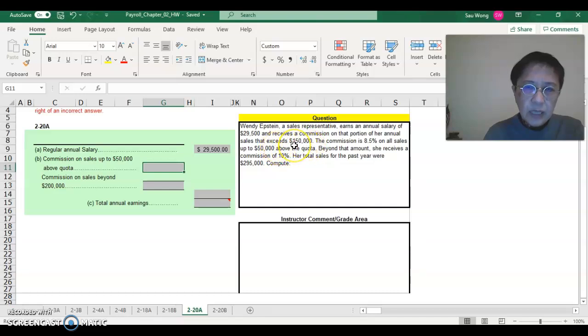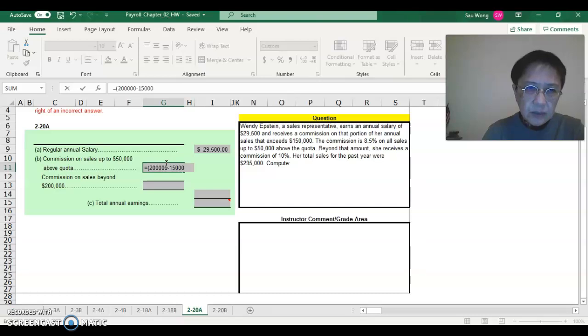So in order to exceed $150,000 by $50,000, she needs to make $200,000, right? So equal, open bracket, 200,000 minus 150,000, close bracket, times 8.5%. Let's convert 8.5% to a decimal. It's 0.085. So hit enter.